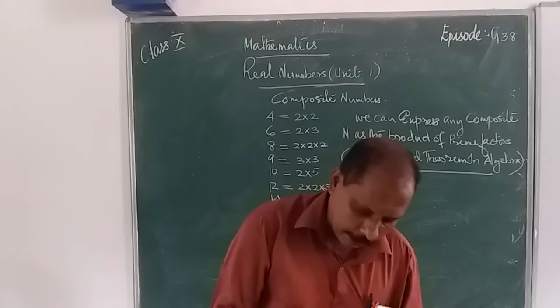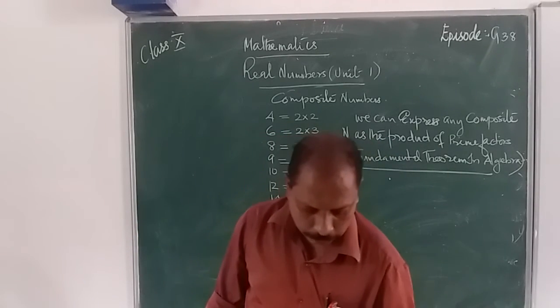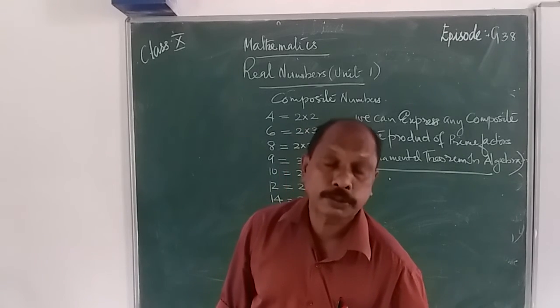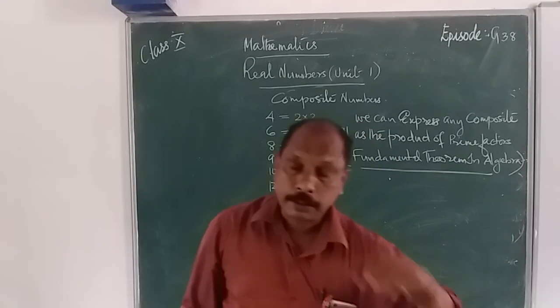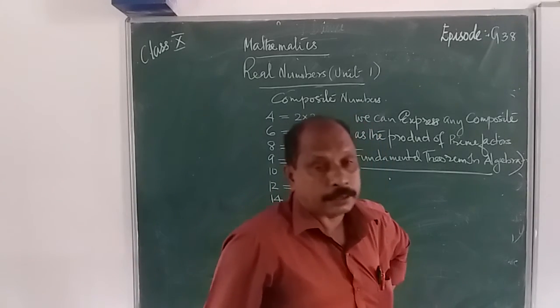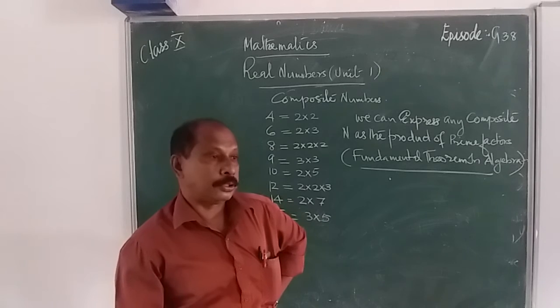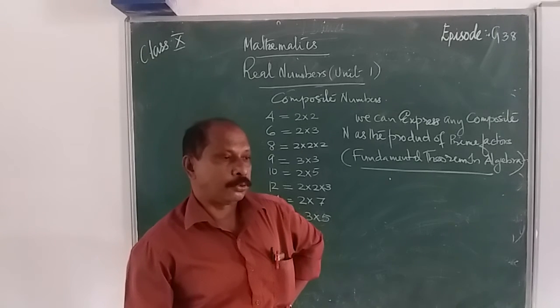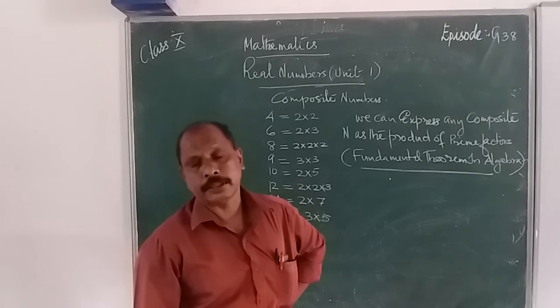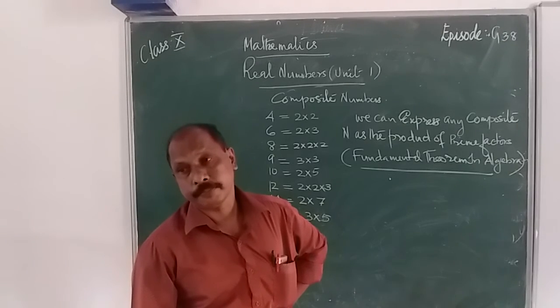We know that a number whose only common factors are 1 and that number itself is known as a prime number. All numbers other than prime numbers are composite numbers. For example, 2, 3, 5, 7, 11, 13, 17, 19, etc. are prime numbers.